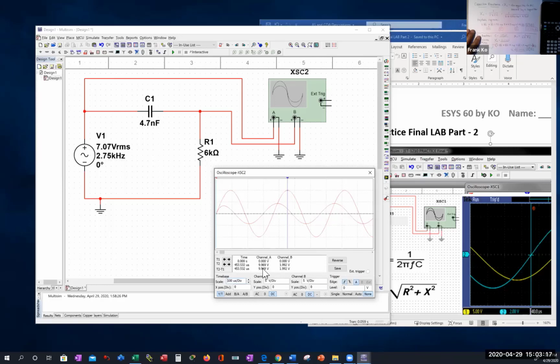Does my display show me I have something very close to volt peak right here for channel A? This tells me, because I'm on here at the very peak, that I have a 10 volt peak. If I bring in the other cursor, grab it. Can I grab it? Come on, there we go.